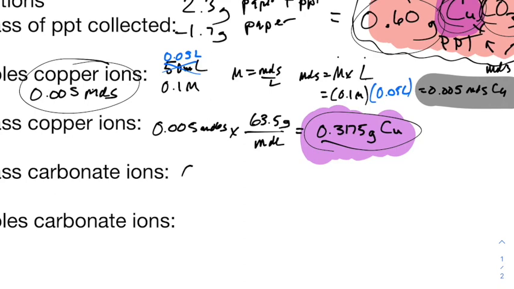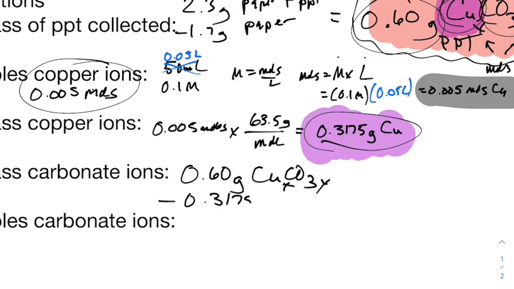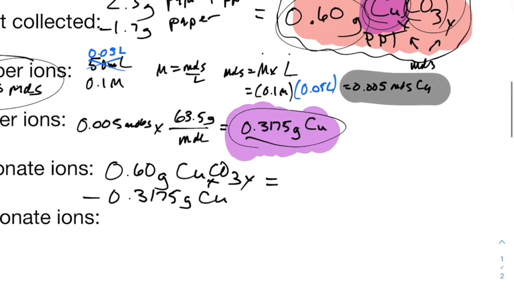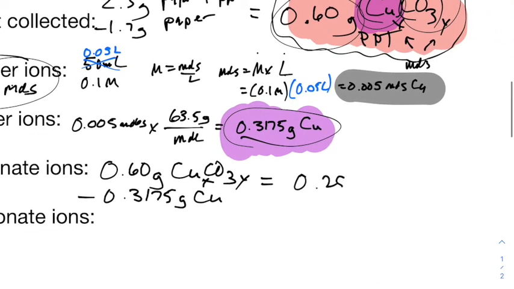So this is going to be 0.60 grams of my copper carbonate, X and Y, minus my 0.3175 grams of my copper, which ends me with 0.2825 grams of my carbonate ions that were added through the precipitation.